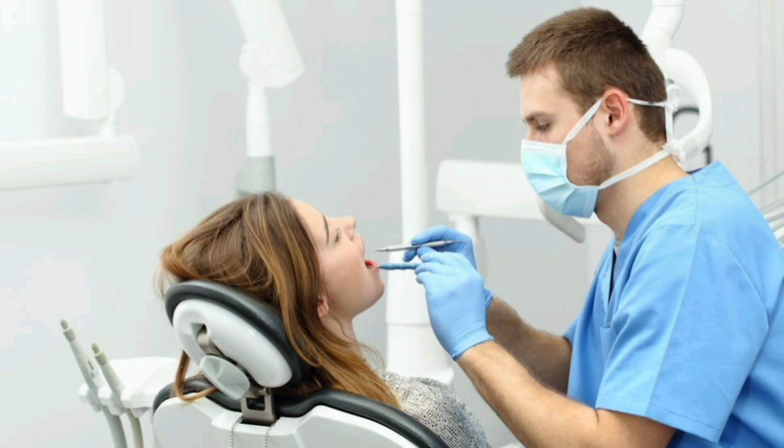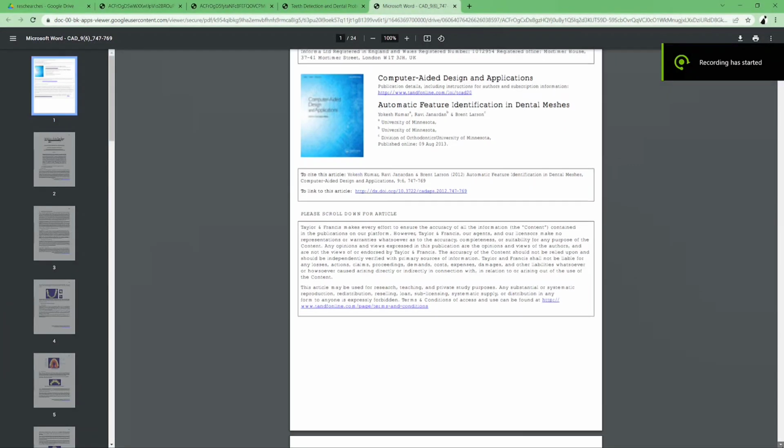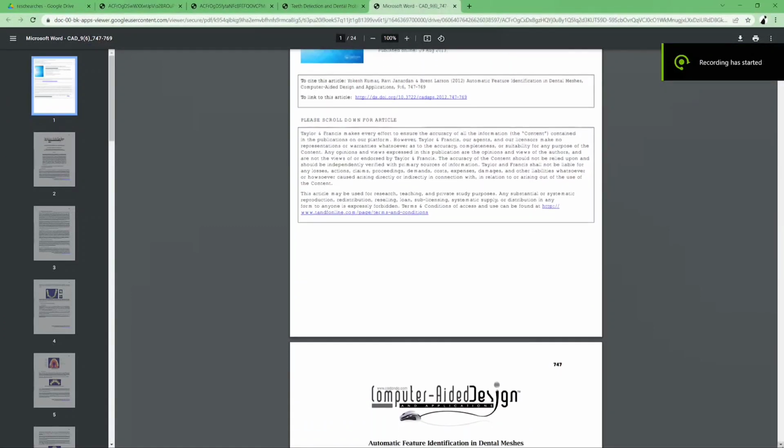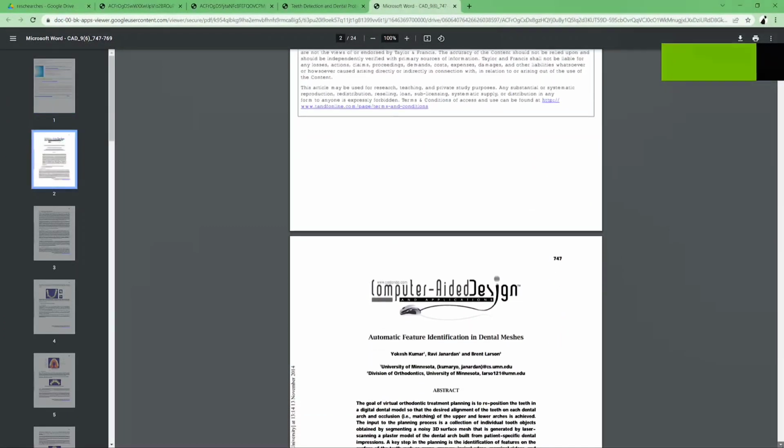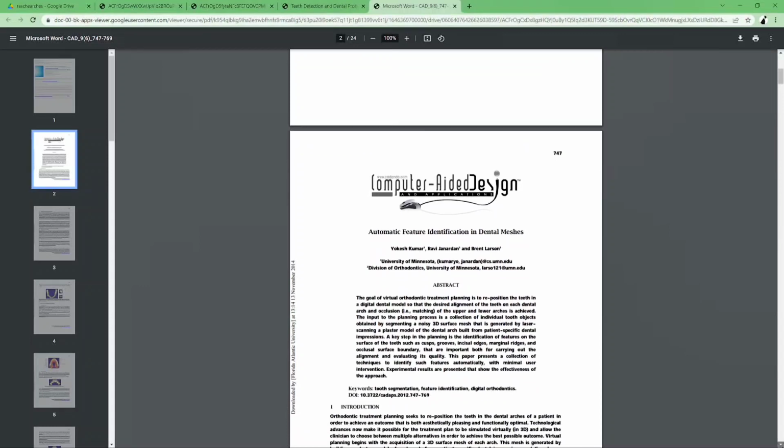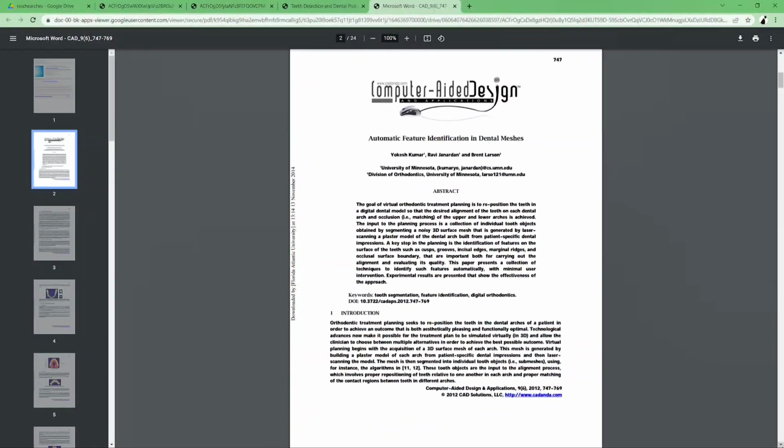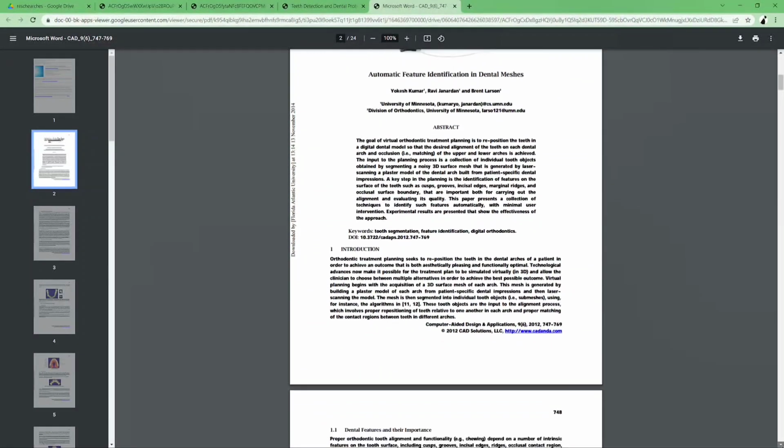As one of the older researches that directly correlates to malocclusions, in 2014 there was a research conducted by the name of automatic feature identification in dental meshes.